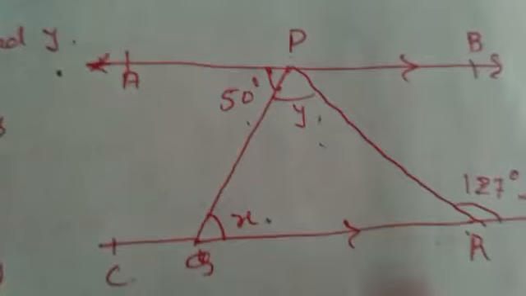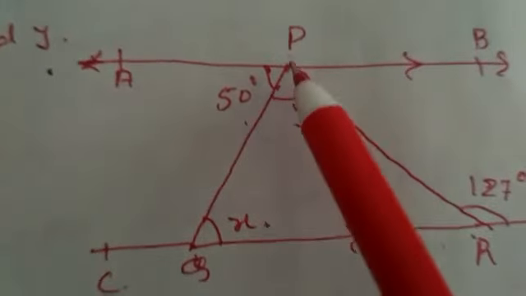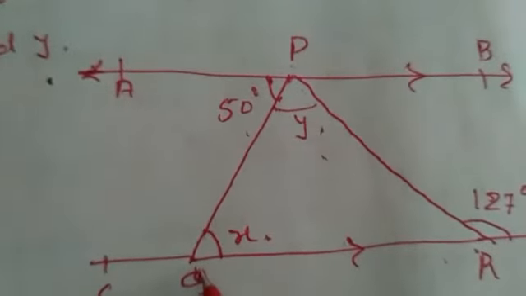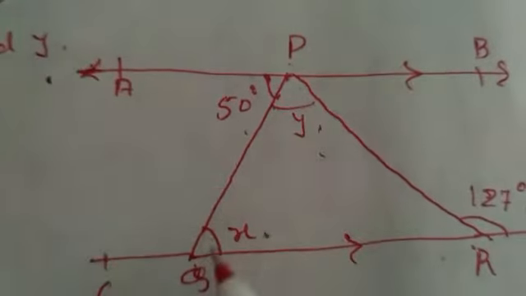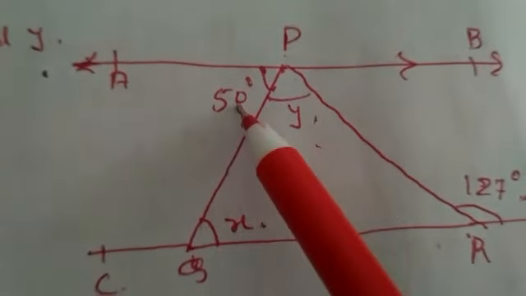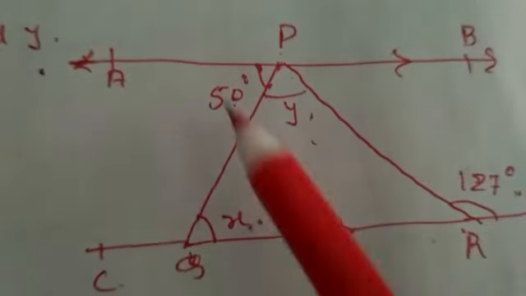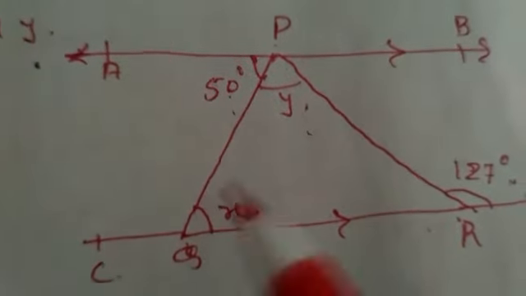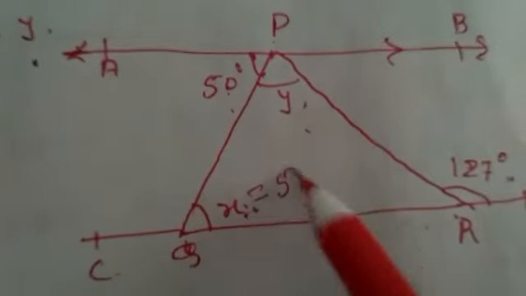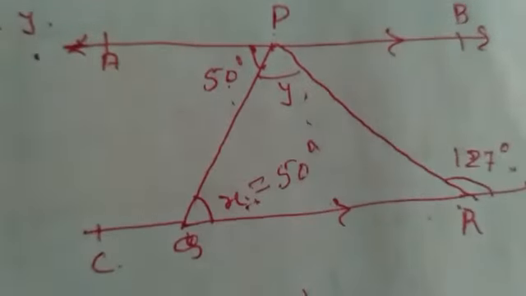Since AB is parallel to CD and PQ is transversal, this angle 50 degrees will be equal to angle X due to alternate angles. So we got the value of X, that is 50 degrees.